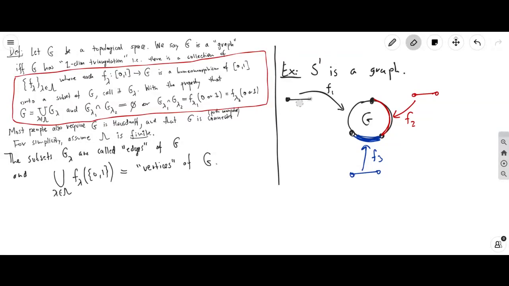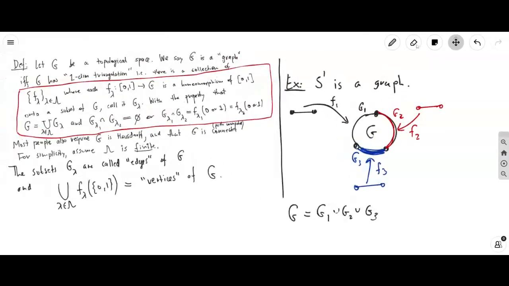Each of these mappings maps the interval homeomorphically to a subset of G. And then if you take the union of these, so your edges, this one over here we're going to call G1. That's the corresponding image. This one we're going to call G2. This one we call G3. And then it's easy to see that G is the union of its edges.